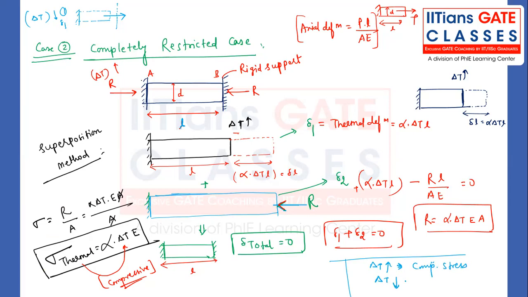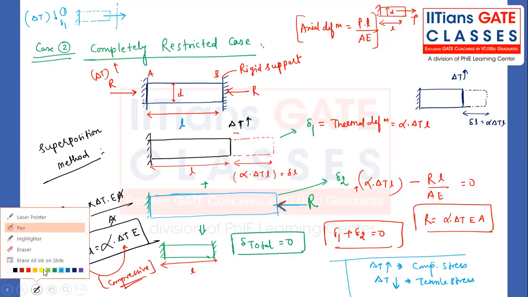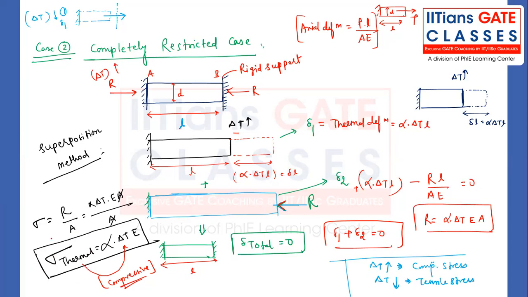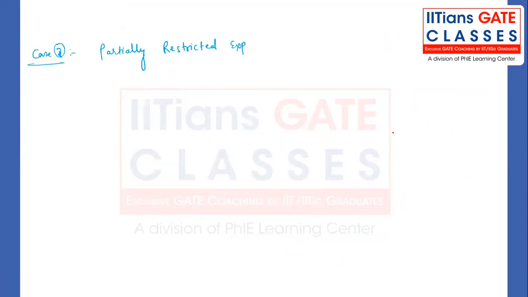If delta T decreases, tensile stress, right? That's a very short thing we can remember about the sign. Partially restricted expansion or contraction. Understand a very simple case in one particular direction.